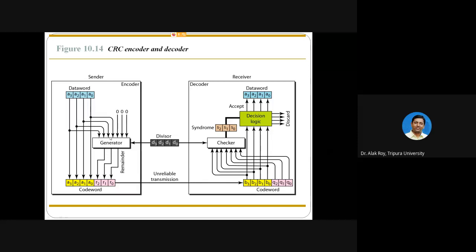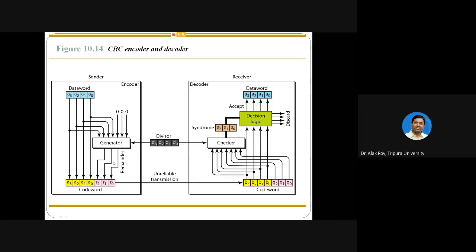So a total of 4 plus 3, a 7-bit string, is sent through the generator to generate a remainder of 3 bits. In earlier cases, this addition of extra 3 bits was not available in the encoder.